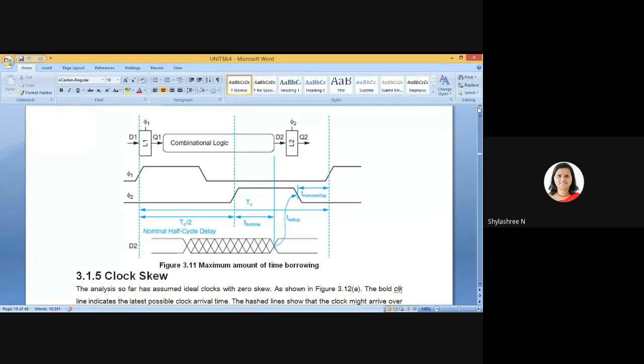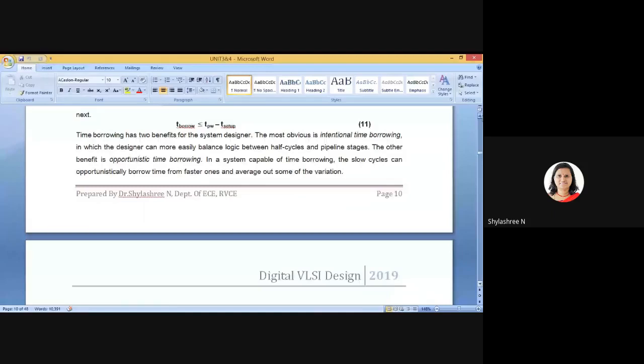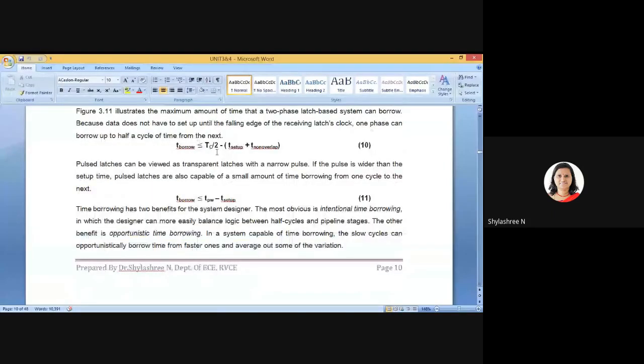So the equation I can write for this circuit diagram is T borrow should be less than or equal to TC by 2 minus T setup plus T non-overlap. That is equation 10. Why is it TC by 2? Because TC means the full cycle, so TC by 2 is one half cycle.